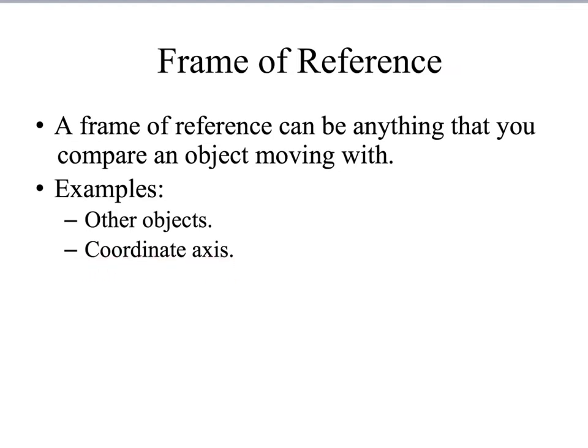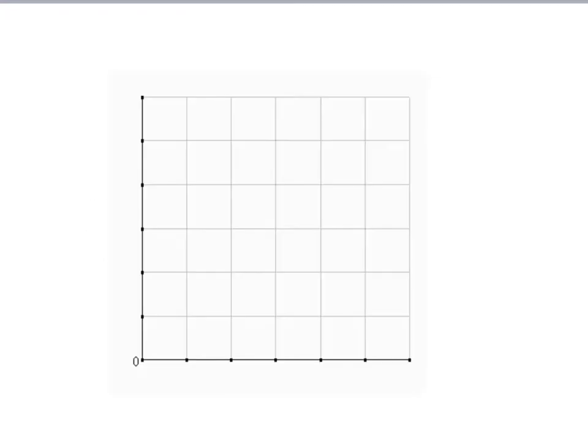So let's look at an example of a coordinate axis. Alright, so a coordinate axis is a graph, and we will use this a lot to show the movement of an object. We'll always use it in physics when we're describing motion in 1 and 2 dimensions as our frame of reference.